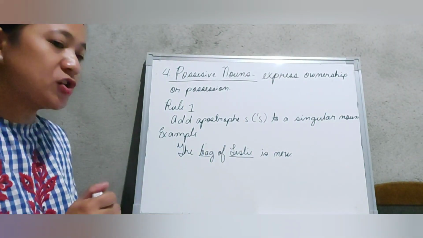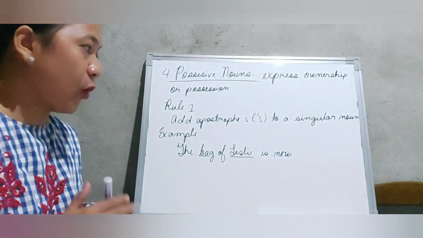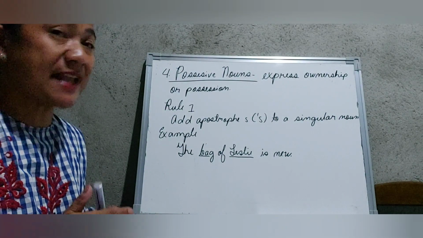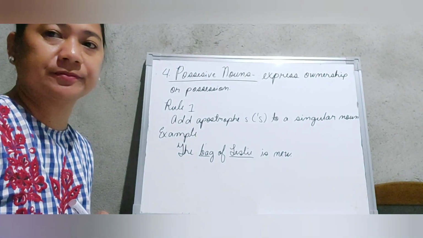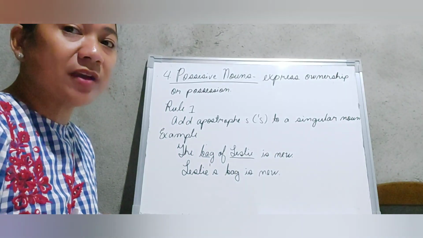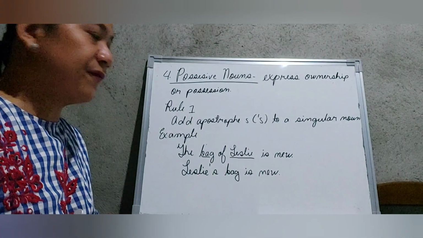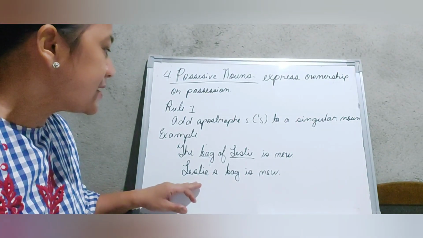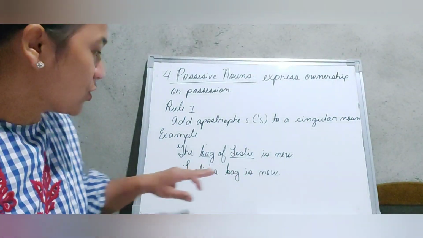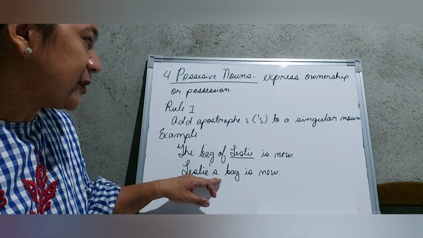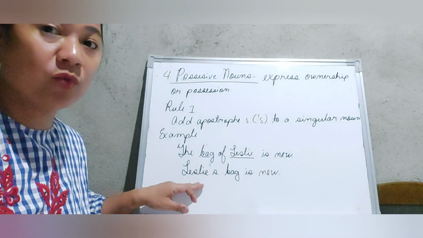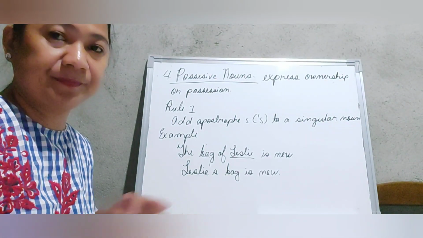So how can we show the ownership of the possessive noun? To show that Leslie is the owner, I will write Leslie's bag is new. So I added apostrophe S to the singular noun, which is Leslie.